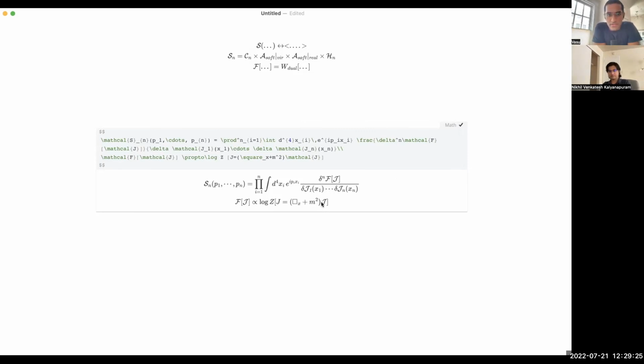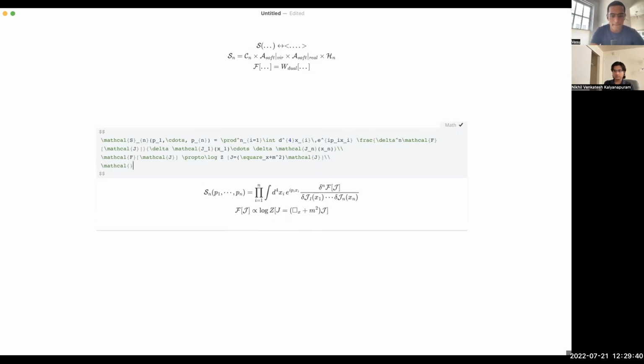It's kind of a very nice thing. And you see ultimately this F has a nice formula in terms of the interaction action. Mathcal F of curly J is the exponential of, let me write it in some simplified notation, otherwise it will get out of hand.